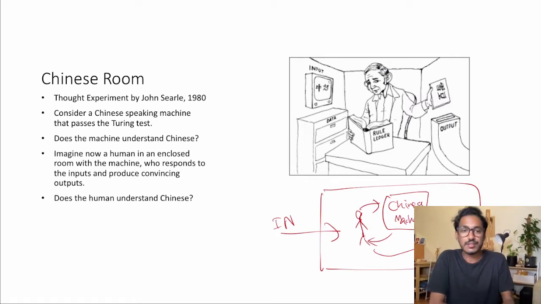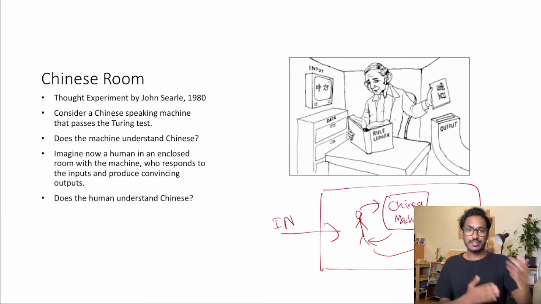In this scenario, a Chinese person will accept that this is an intelligent human, but the human inside is not necessarily intelligent. What they do is they just pass it on to a machine and take it back and present it as their own.